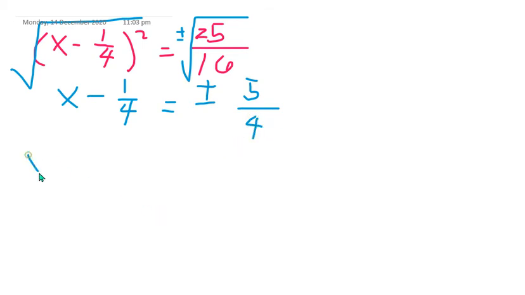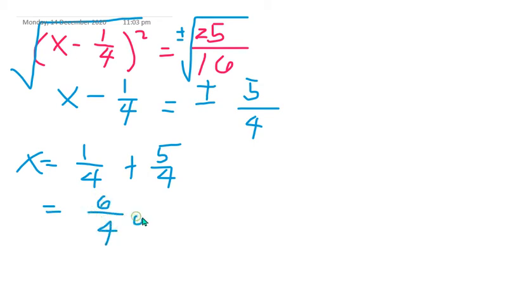And then simplify. x is equal to, transpose positive 1/4, using positive 5 over 4. So we have now 1 plus 5 is 6 over 4, or in lowest terms, 6 divided by 2 is 3 over 2. This is one of the roots.